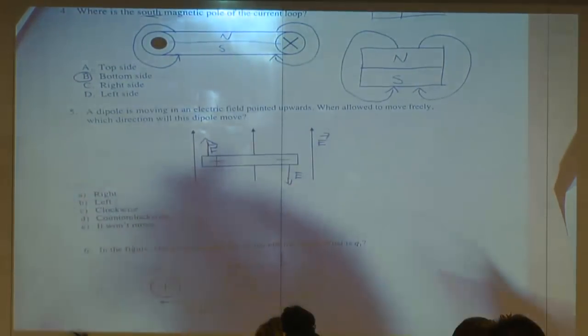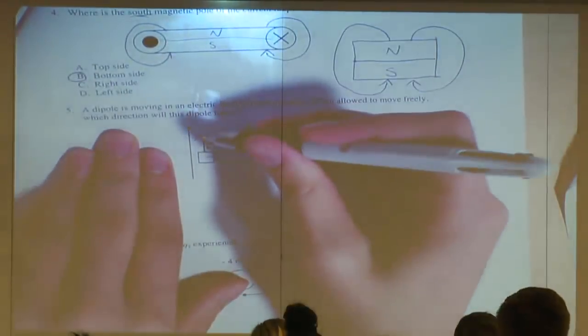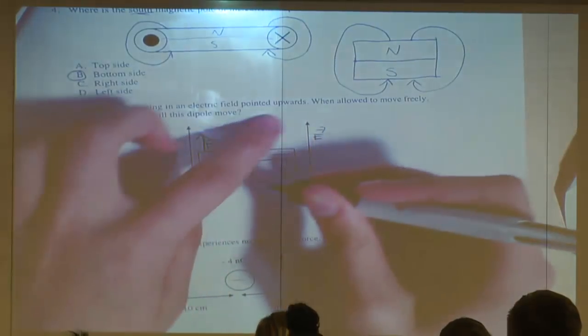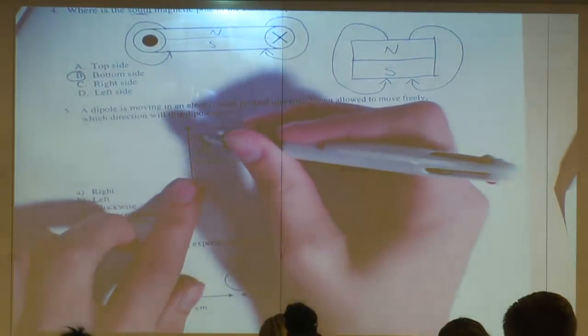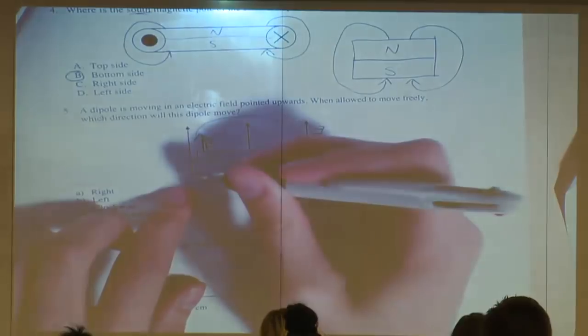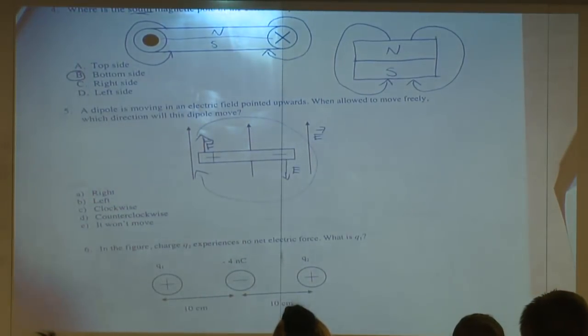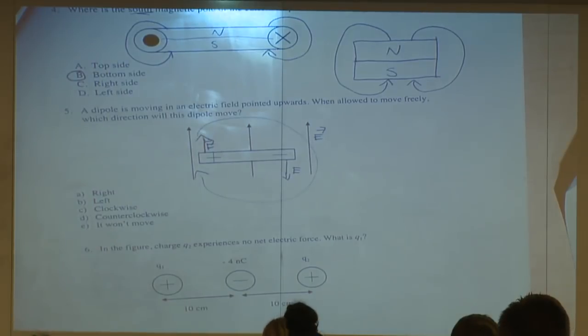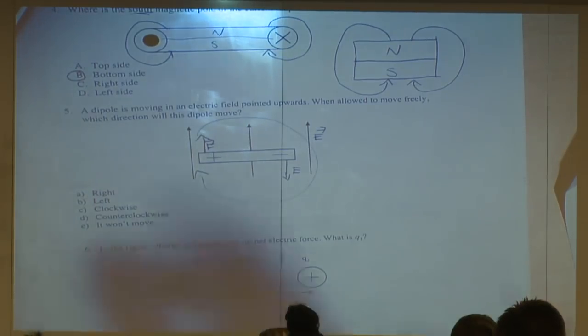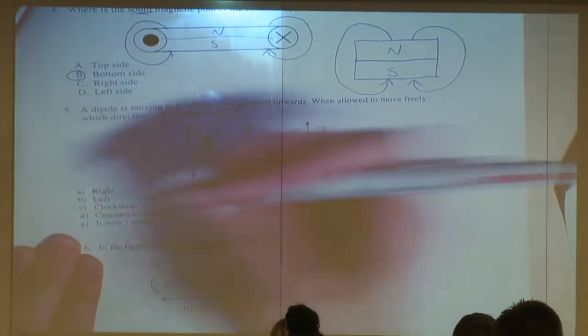So if you have this side going up and this side going down, this is going to rotate this way, right? So that would be the direction that it moves. So then that would be clockwise, right? Clockwise, everyone agree? So that's going to be clockwise.